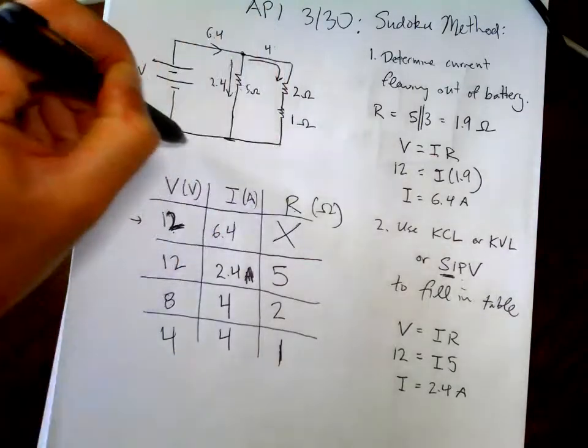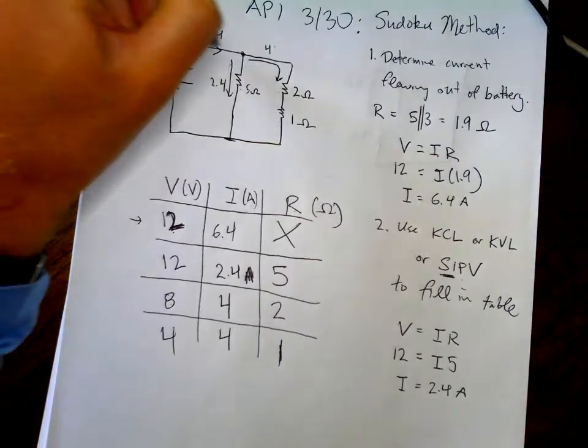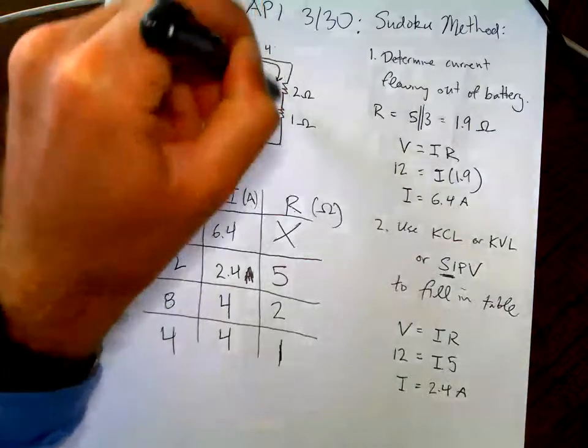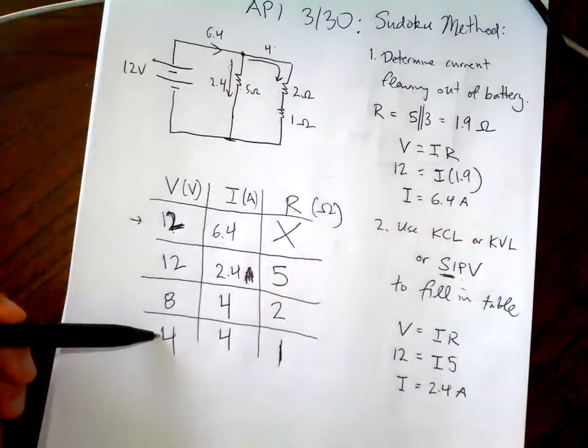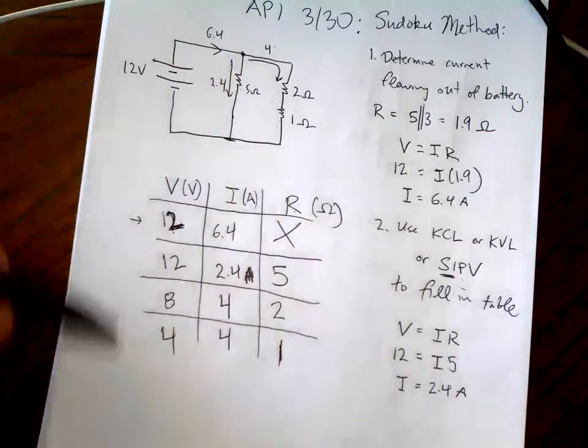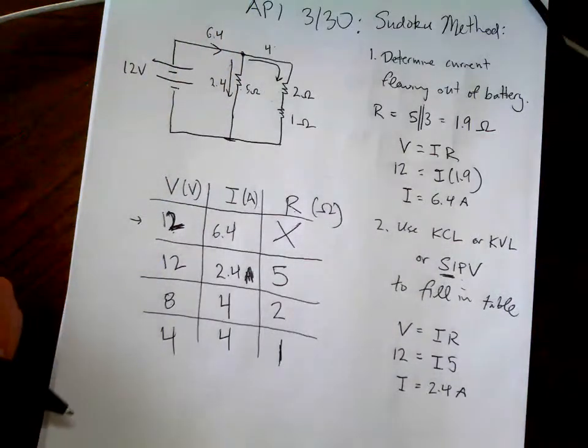You can see I have a 12 volt rise, and then across the 2 ohm resistor an 8 volt drop, and then across the 1 ohm resistor a 4 volt drop. So by completing the loop I have a total change in voltage of 0. So Kirchhoff's voltage law is satisfied.